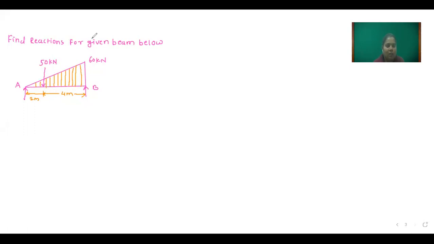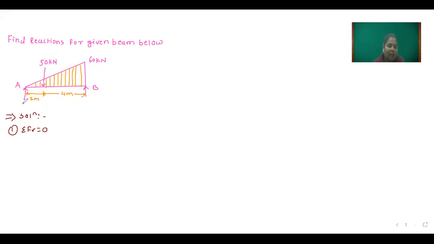So first step, we will apply the summation FV equation. So our first equation is summation of vertical forces equal to 0. In that we will take the addition of all vertical forces. Whenever we consider vertical forces, upward force will be positive and downward force will be negative.